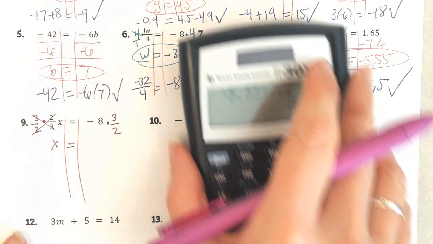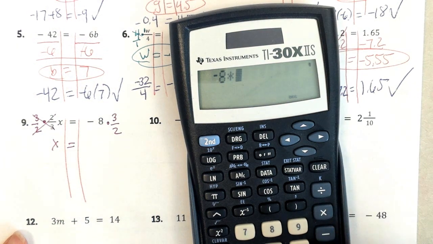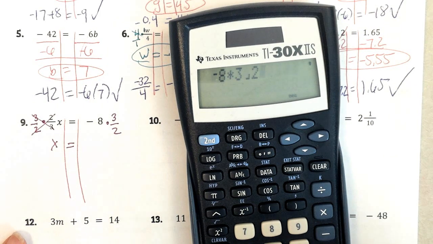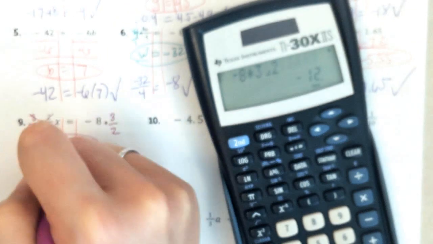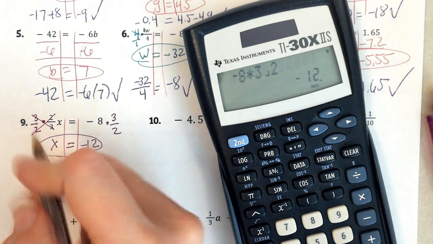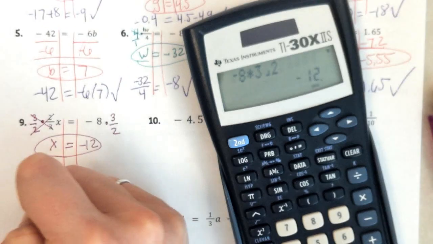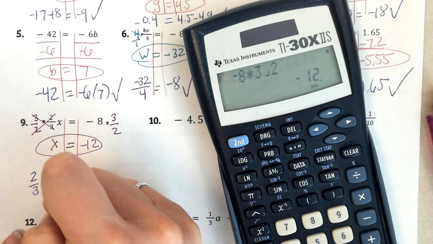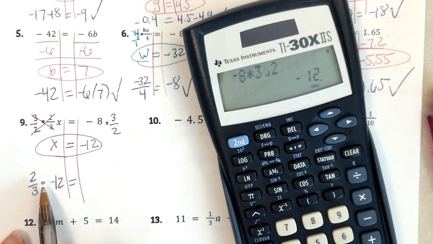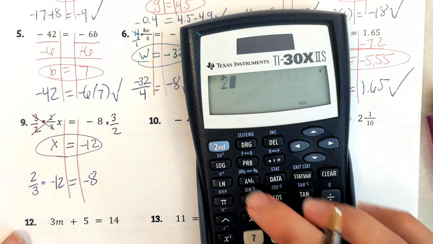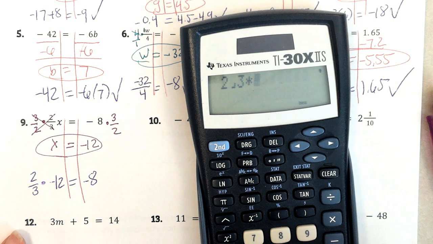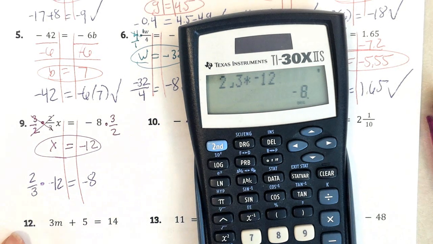On the other side, if I take negative 8 times 3 over 2, I end up with negative 12 as my answer. So I'm going to check it, and that would be 2/3 times negative 12. You can use parentheses or a times sign, doesn't really matter. And hopefully it gives me negative 8. So 2/3 times negative 12, and it did.